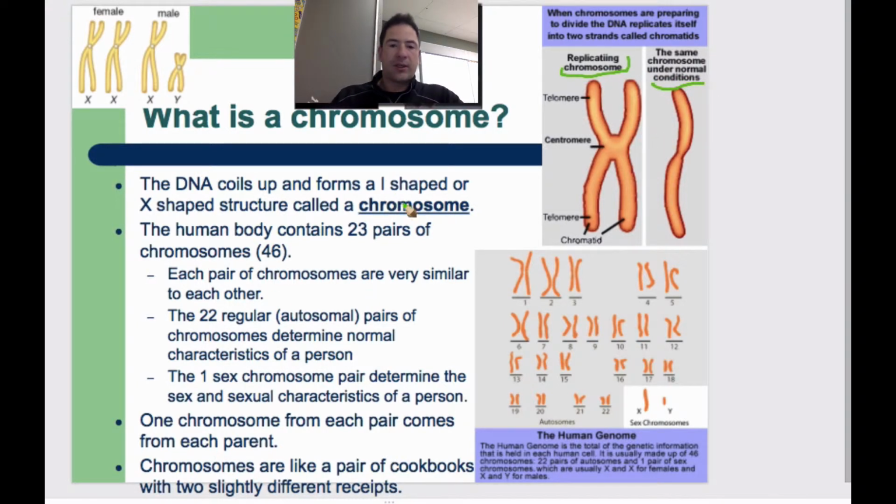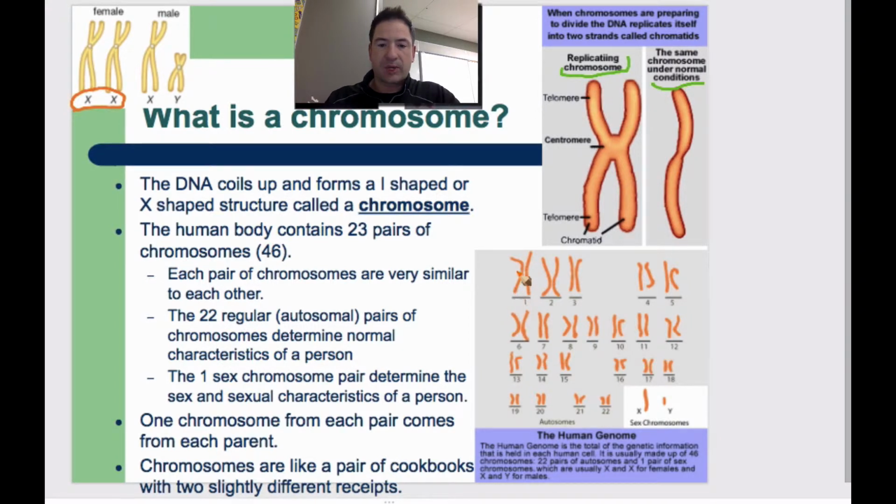In our body, if you take a look here, the female is going to have an XX arrangement, and that's going to be on the 23rd chromosomal pairing. If you look here, what we have is the human genome, and it's essentially like a karyotype.